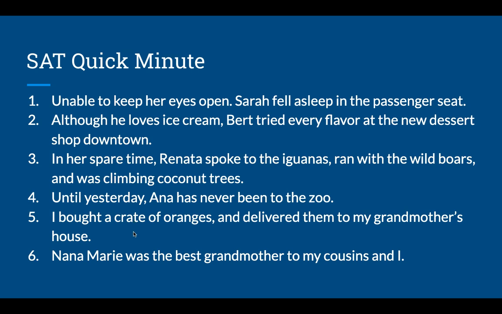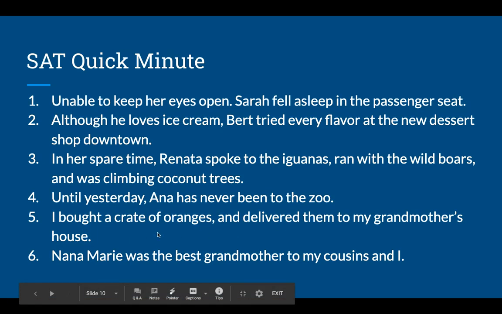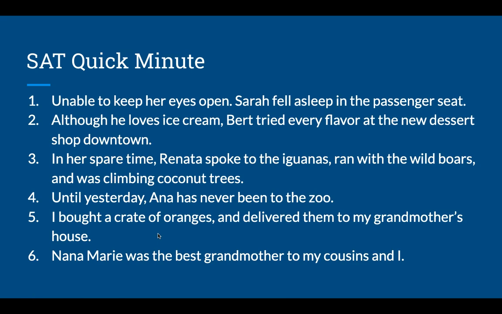Well, if we look down here, a list only includes 2 or more things. In this case, we don't need the comma because we have 2 things here, but the and joins them together here. I bought a crate of oranges and delivered them to my grandmother's house. It's not a list, it's like a step, basically. Therefore, comma is not needed right there.